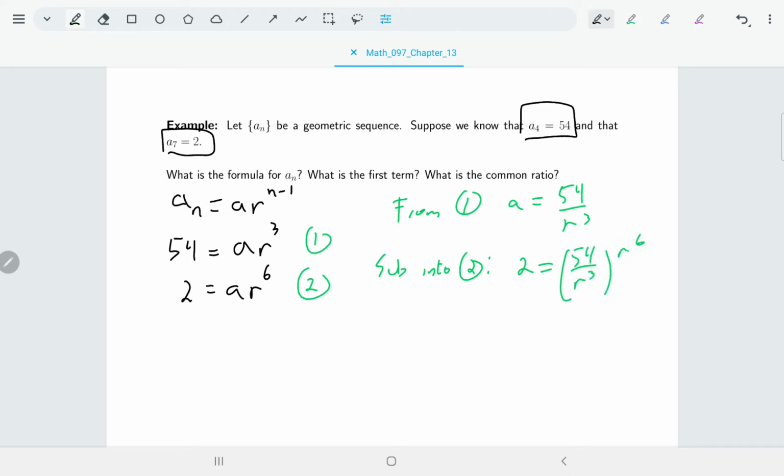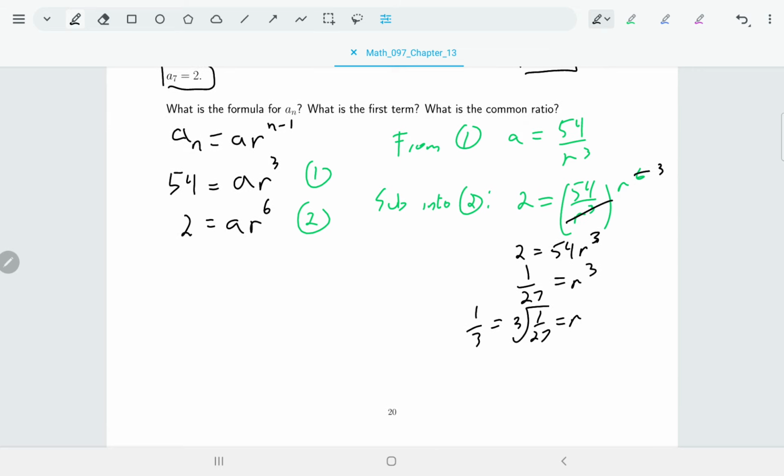Things simplify fairly nicely. r cubed and r to the 6 cancel, leaving r cubed. So you'll have 2 equals 54r cubed. Dividing both sides by 54, 1/27 is r cubed, which means r is the cube root of 1/27, which is 1/3. So there we go.